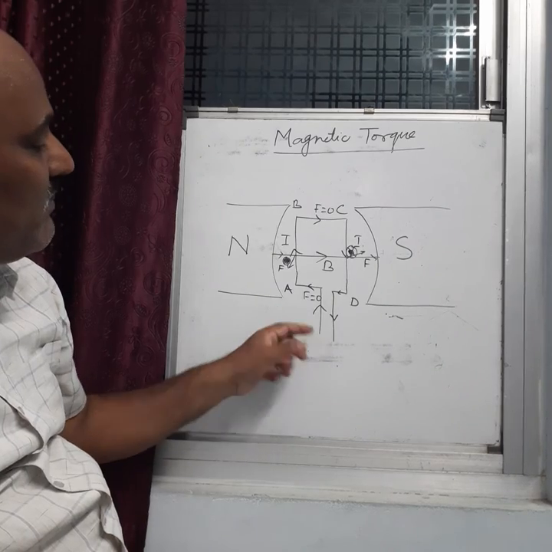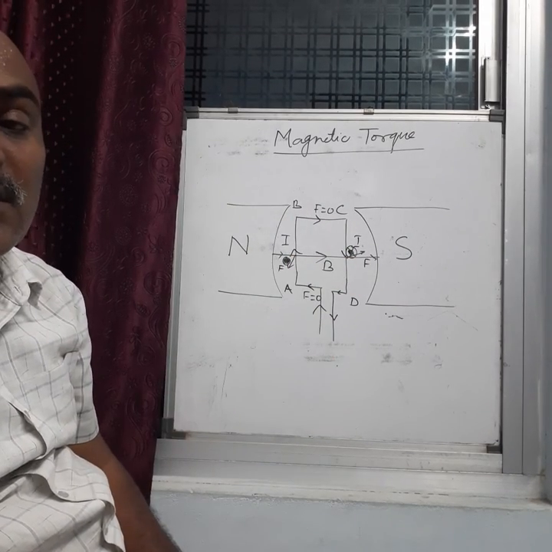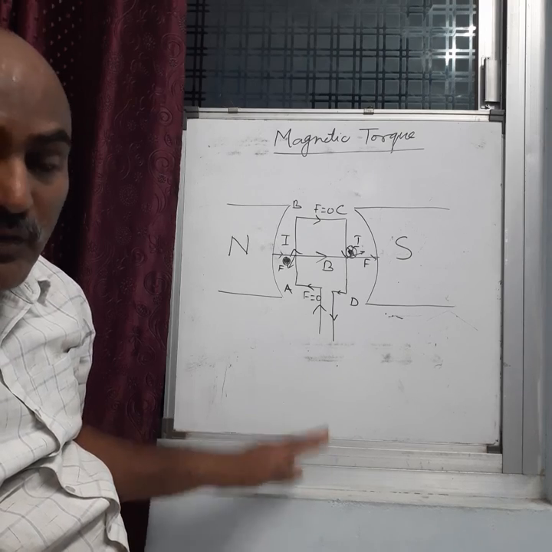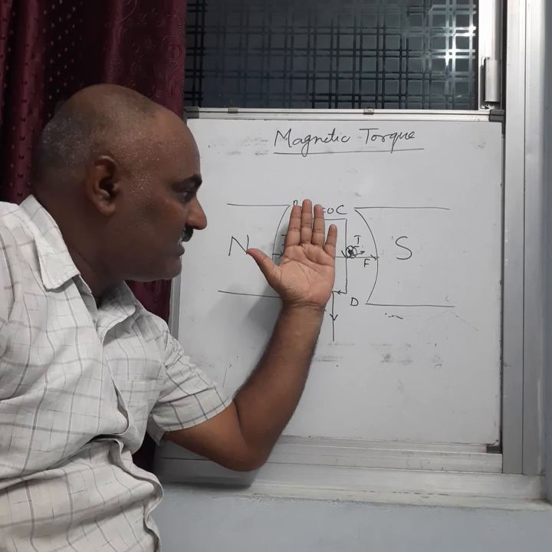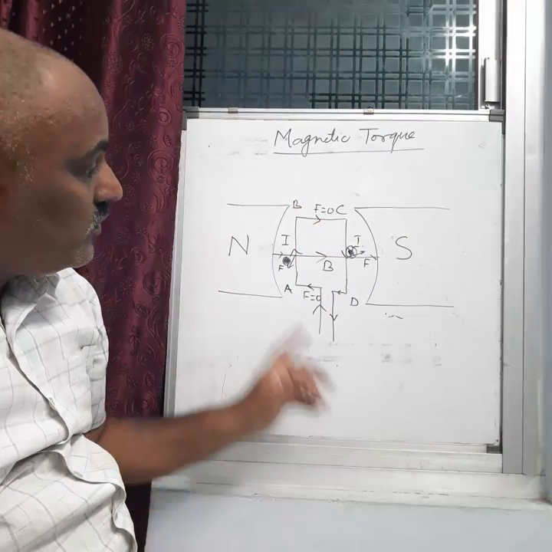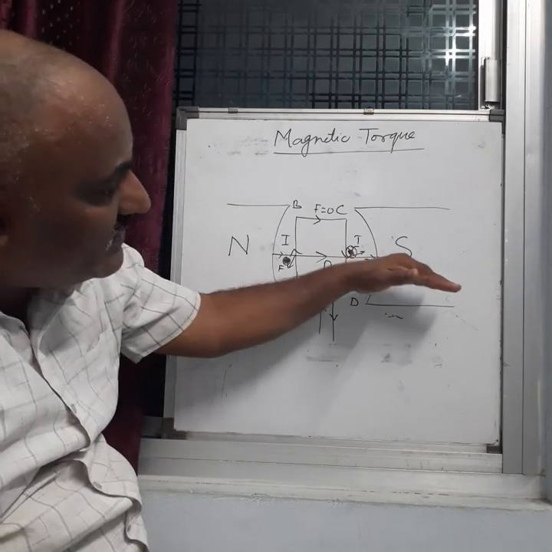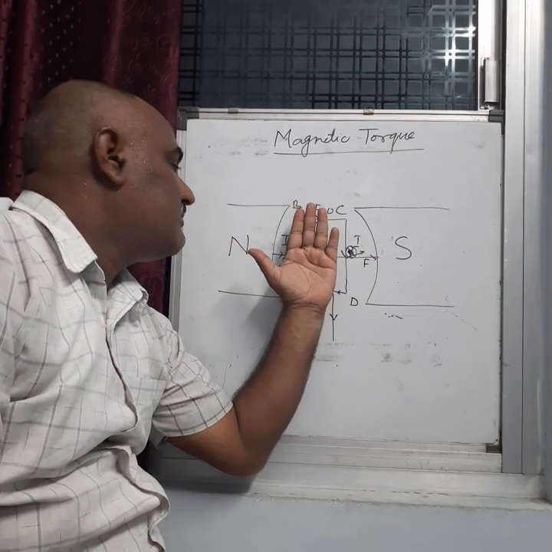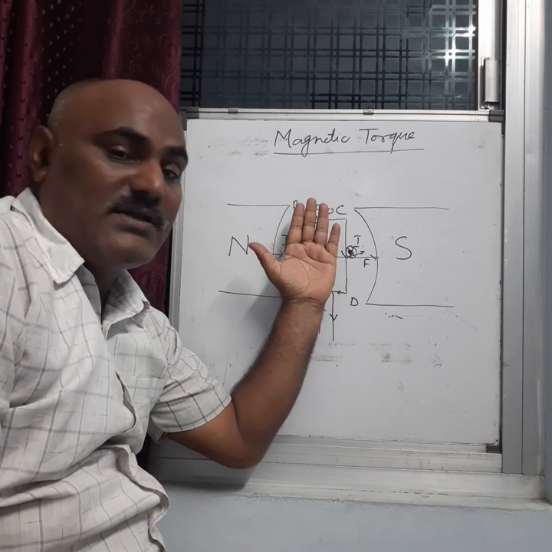See the plane of loop ABCD. This is the current-carrying rectangular loop, and this is kept between the poles of the magnet like that. And now, two planes are here. One magnetic field is acting this side, and your coil is kept like that.